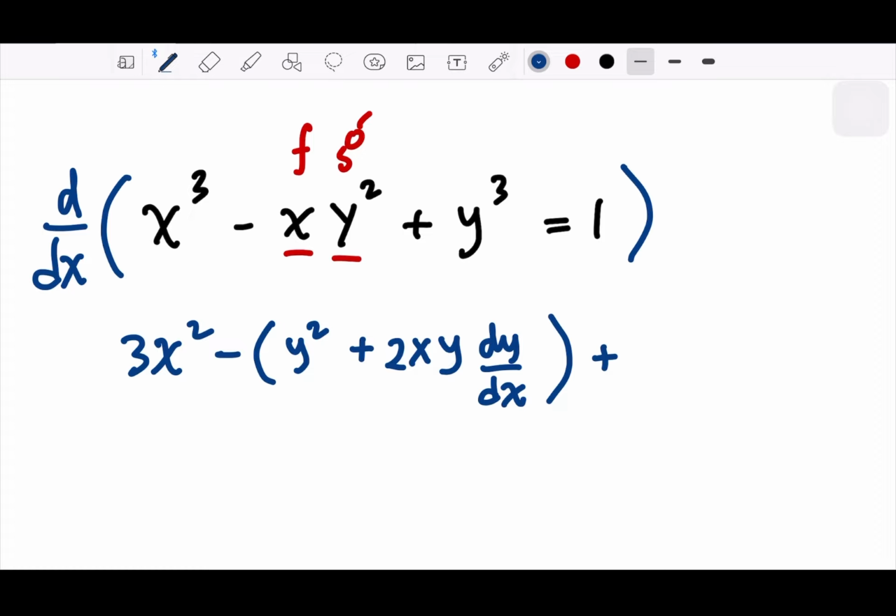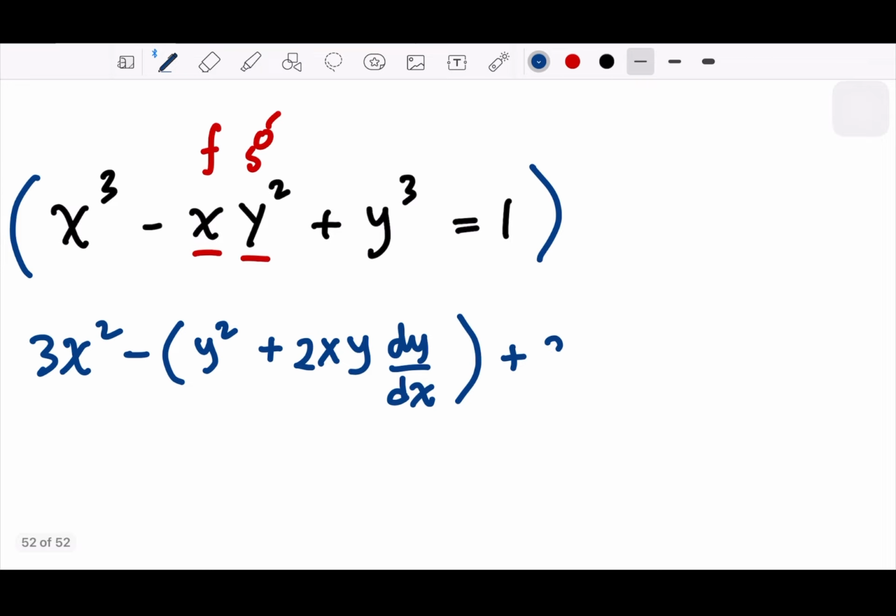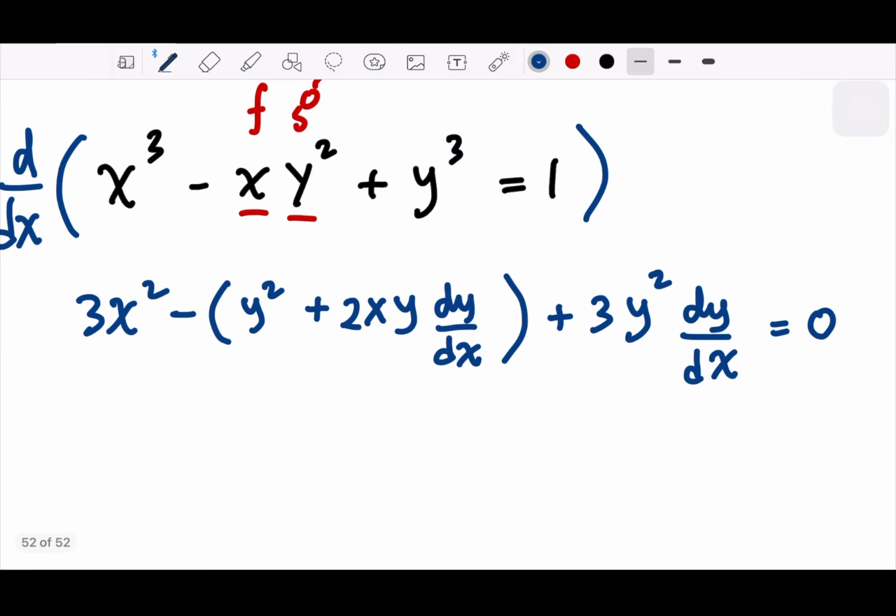And then plus y cubed becomes 3y squared dy over dx, and then equals 0. And then the next thing you are going to do is group dy over dx on one side, and move the other terms to the other side.